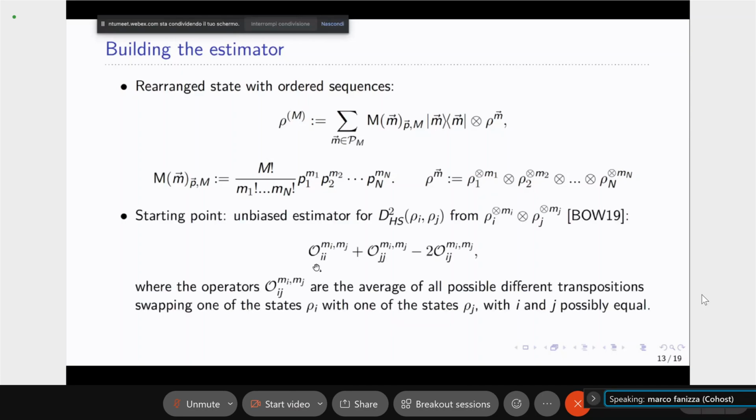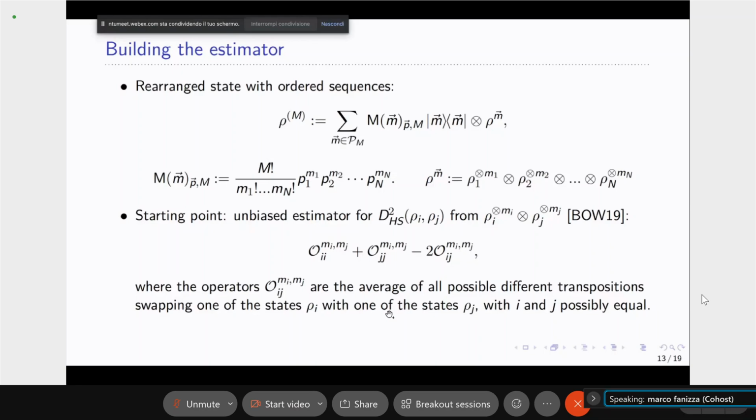The starting point for the estimator is the unbiased estimator for the squared Hilbert-Schmidt distance of rho i and rho j from m_i copies of rho i and m_j copies of rho j, which was found in BOW. And this is a linear combination of these operators, which are Hermitian operators corresponding to the average of all possible different transpositions, swapping one of the states rho i with one of the states rho j, with i and j possibly equal.